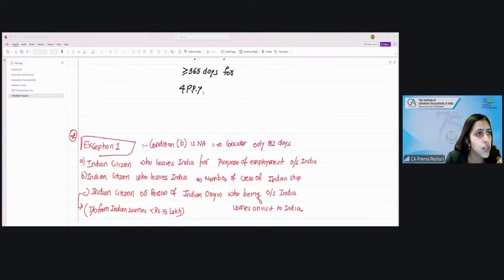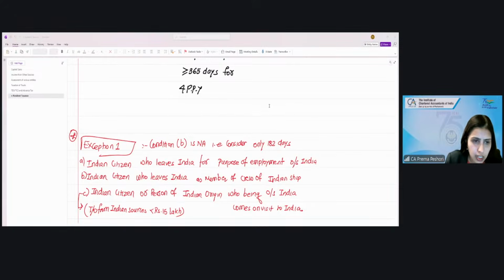An Indian citizen who leaves India as a member of crew of an Indian ship. So not every crew of an Indian ship, Samnithan, but an Indian citizen who leaves India as a member of crew of an Indian ship, or an Indian citizen who leaves India for the purposes of employment outside India. Yes, in those cases, the 60-day condition is not applicable.